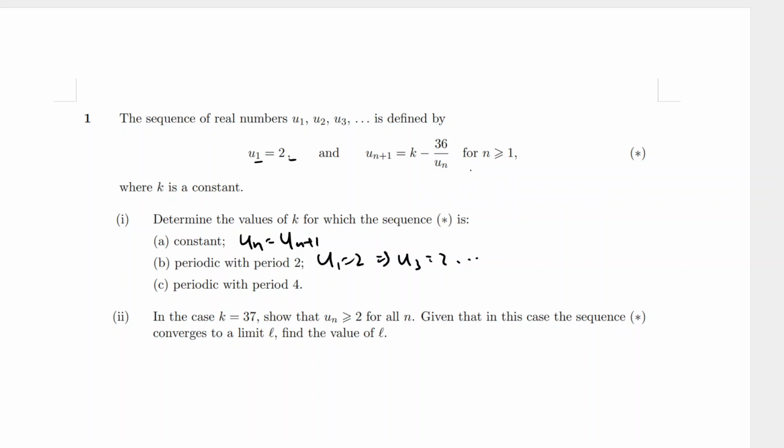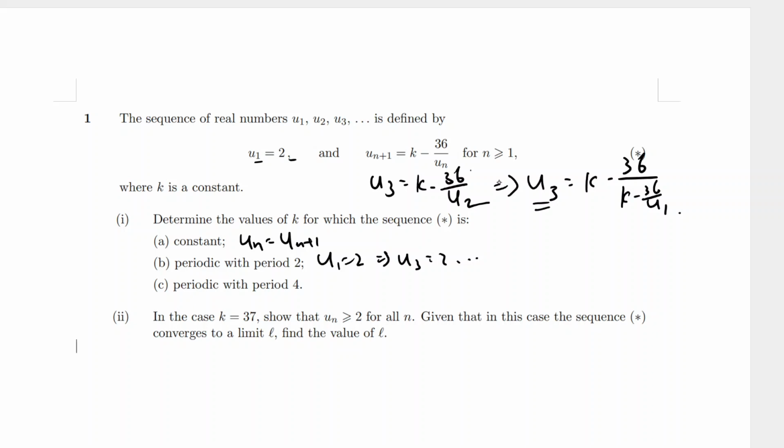Okay, so let's do this. I'm saying that u3 equals k minus 36 over u2, just by chucking in n is 2. And what do I know about u2? I know u2 is k minus 36 over u1, and I know u1 is 2. I also know u3 is 2.